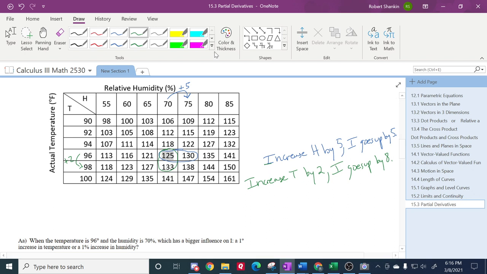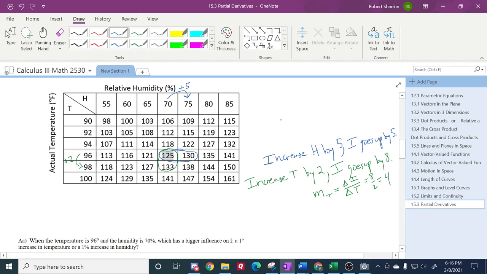So let's call this a slope, but we're changing just T. It's the change in I, because that's the output, over the change in T, 8 over 2, which is 4.